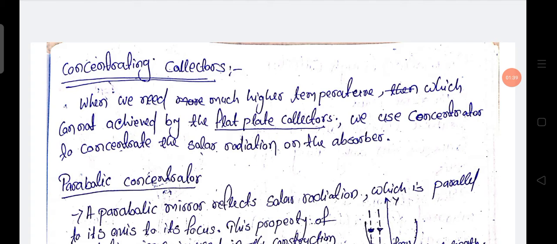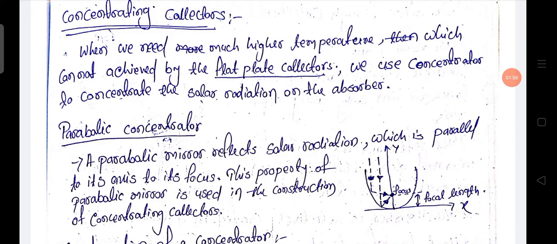A concentrator concentrates all the scattered light radiation into one place, or it focuses the scattered light into one focusing point. Okay, that is called a concentrator. Here in the collector, one concentrator and one absorber are there, and that concentrator concentrates the sun radiation onto the absorber. That's why the absorber gets a higher temperature.